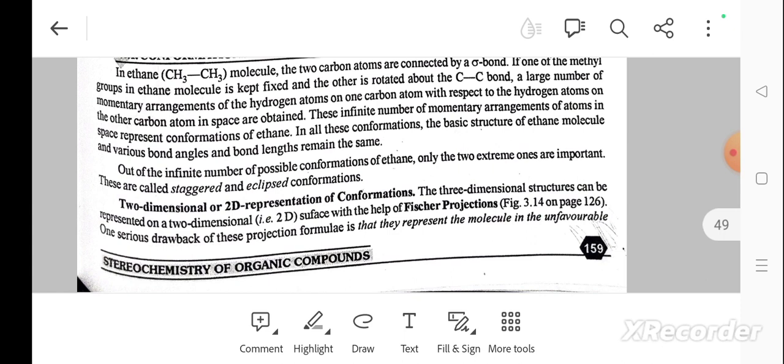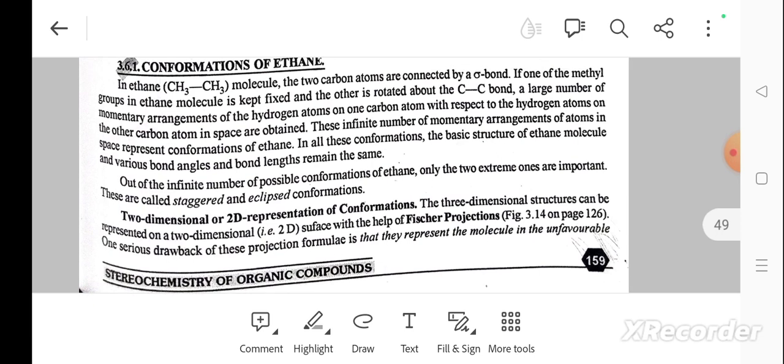If one of the methyl groups in the ethane molecule is held fixed and the other rotates about the C-C bond, a large number of momentary arrangements of the hydrogen atoms on one carbon relative to the hydrogen atoms on the other carbon in space are obtained.